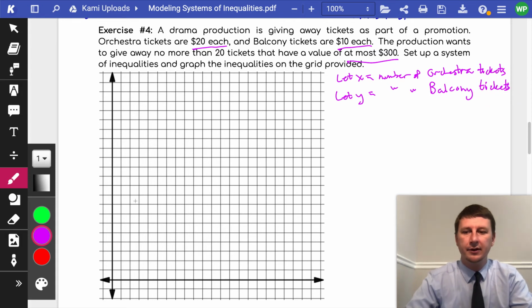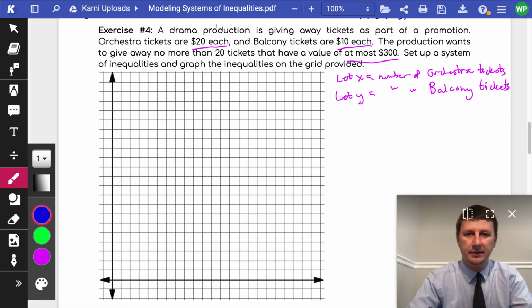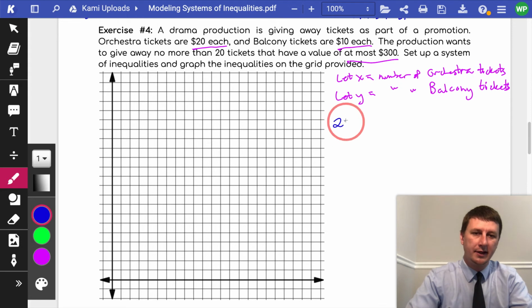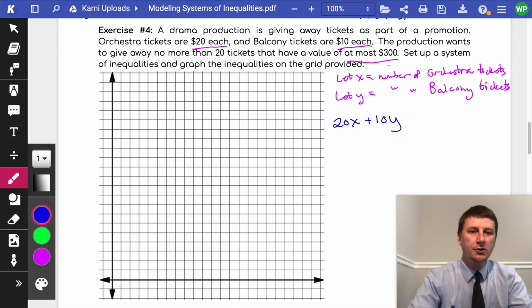So now I'm free to go set up my two inequalities. And again, keep in mind that $20 each for orchestra tickets is going to be represented by 20x because x represents orchestra tickets. And balcony tickets are $10 each, so plus 10y for balcony tickets. And at most 300, the very most it could be is 300.